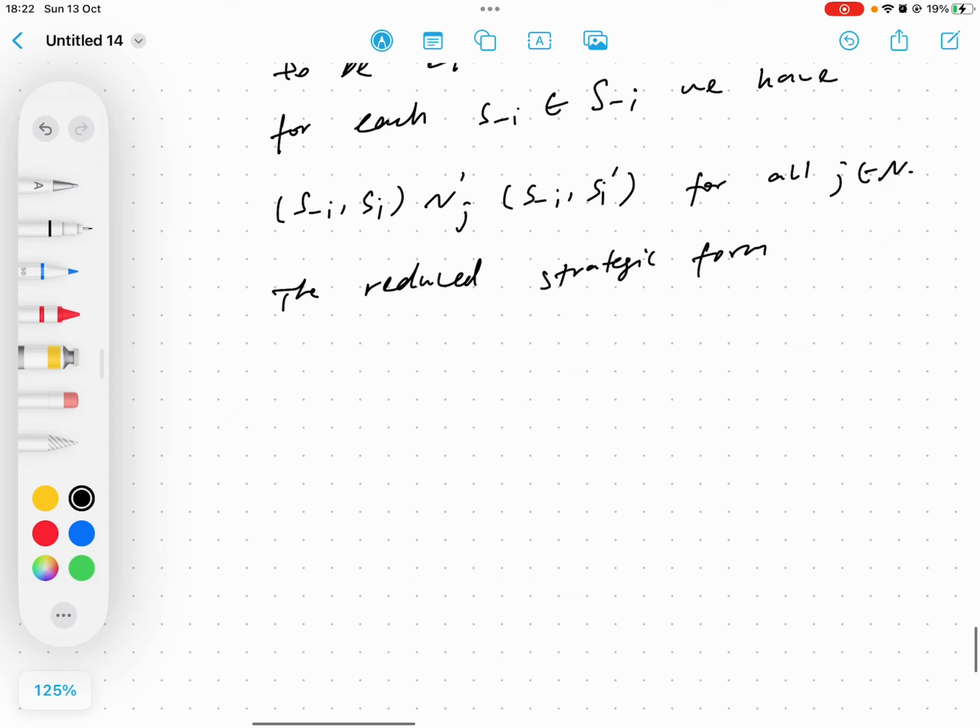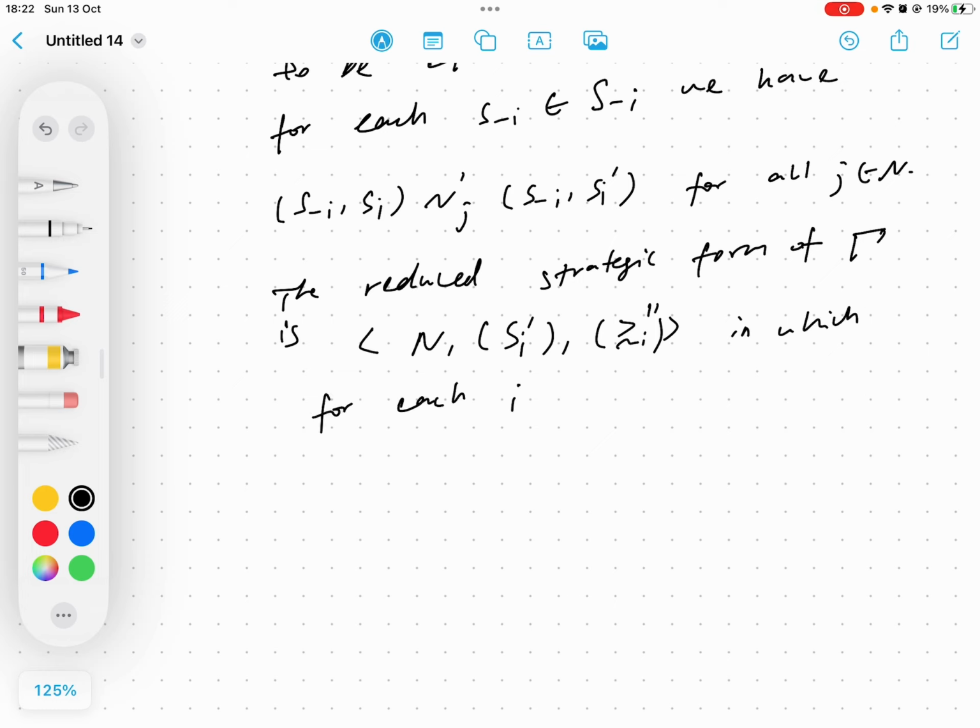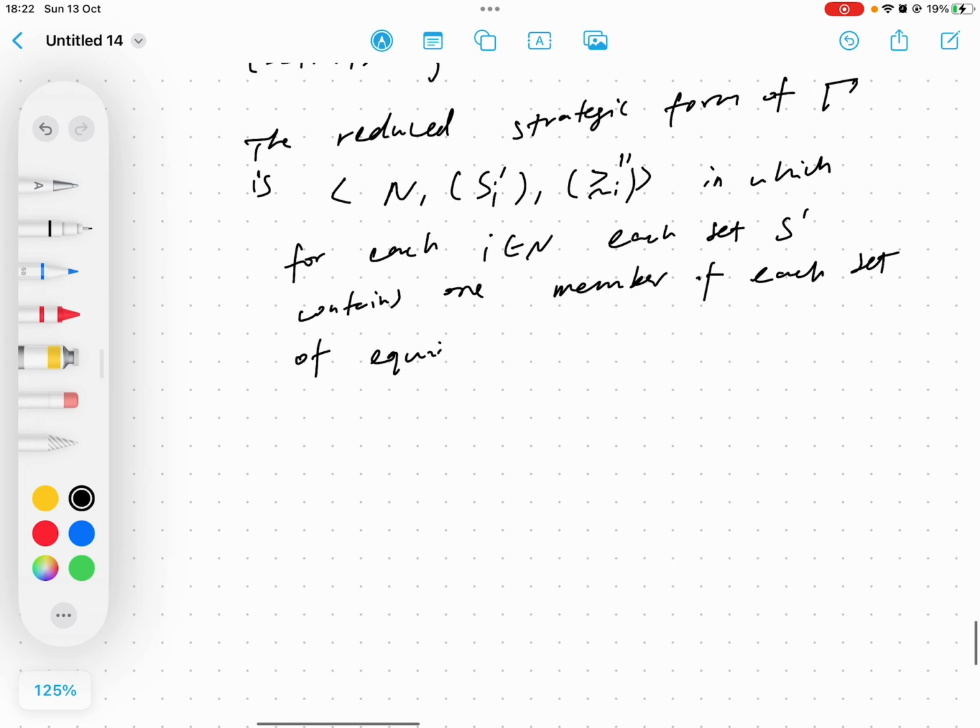Then the reduced strategic form of gamma is the strategic game, a new one, with S i prime and preference double prime, where for each i in N, each set S i prime contains one member of each set of equivalent strategies in S i.